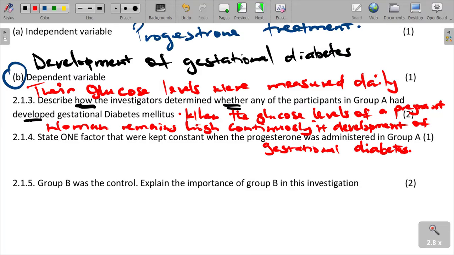That's what happens there in question 2.13, and then 2.14: state one factor that was kept constant when the progesterone was administered in group 1.